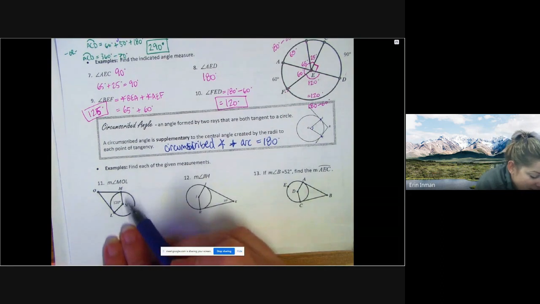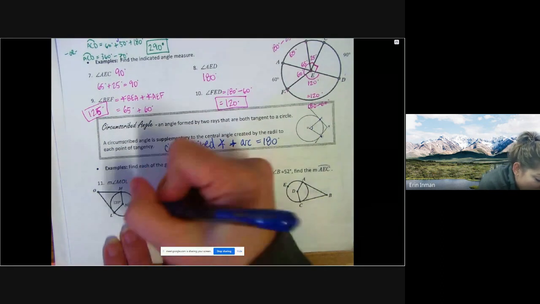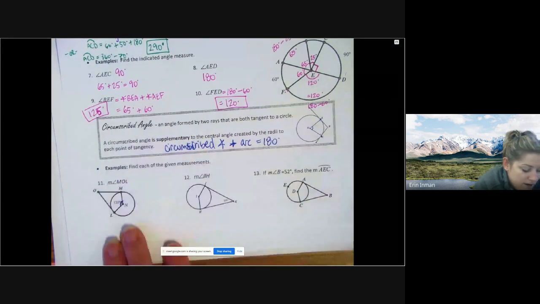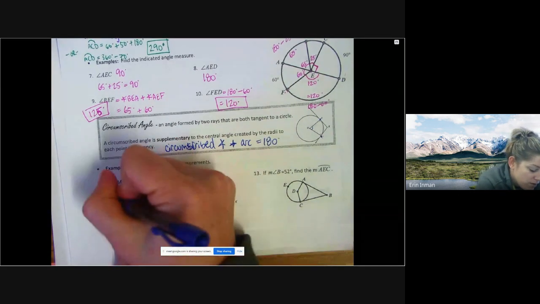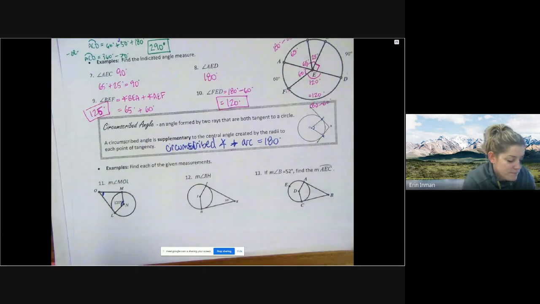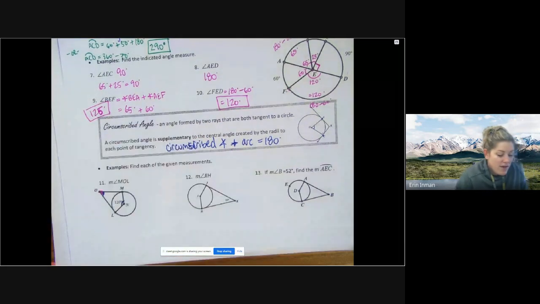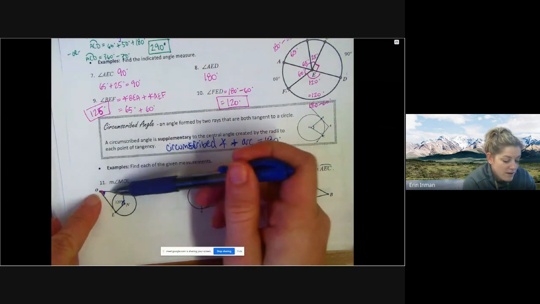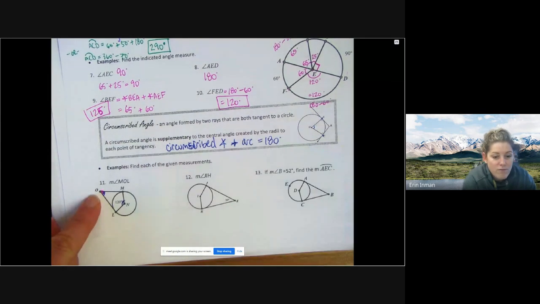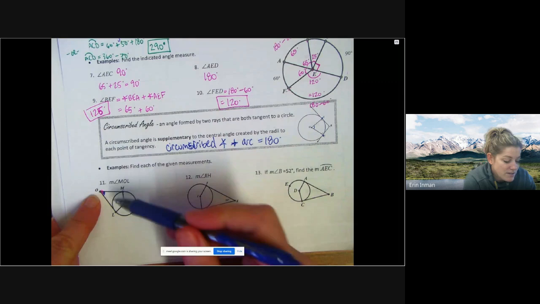In this case, we have this central angle right here, MNL, which is 120 degrees. And we know that MOL is the one that we're looking for. Notice how this is a circumscribed angle. It is formed by two tangents. It doesn't cut through the circle.